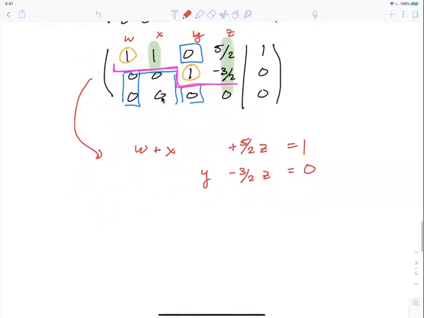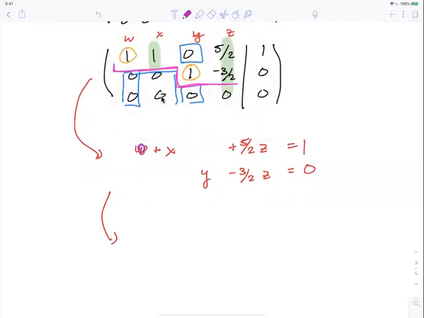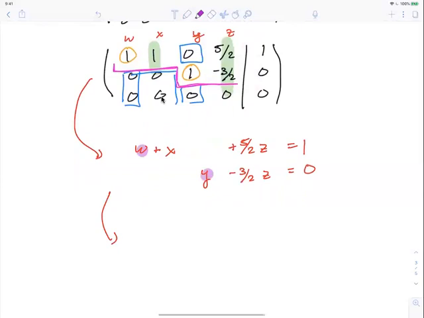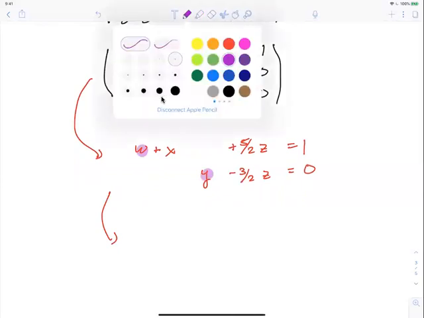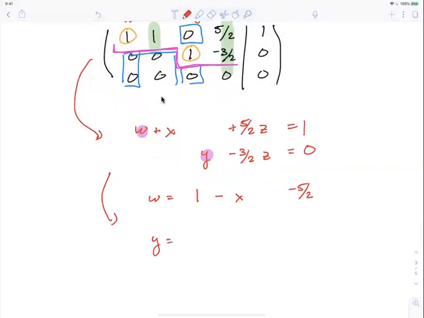And now we're going to solve for the ones that aren't free, the ones that are leading. So we're going to solve for W. So in this case, W is equal to 1 minus X minus 5/2 Z. And Y is equal to 0 minus 3/2 Z.